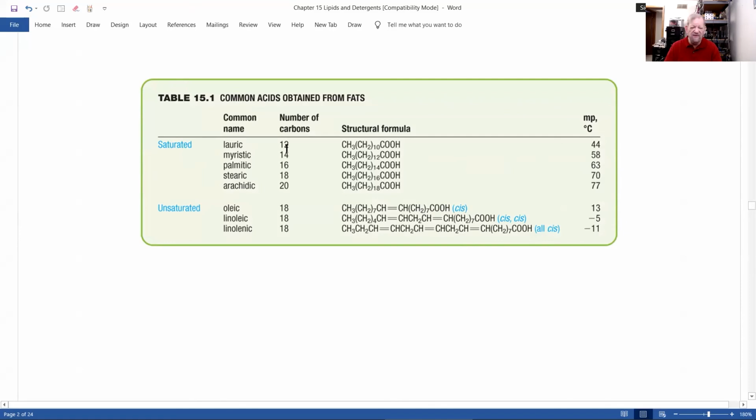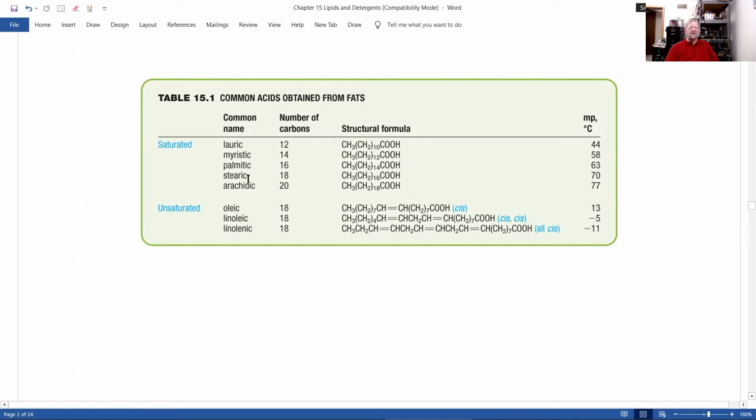But if you have 12 carbons, the carbonyl carbon, remember here, COOH is carbonyl with hydroxyl group. That plus 10 plus 1 is 12. That's called lauric acid. Myristic is 14. That's not that common. Lauric is. Palmitic is common. Stearic is. Next one, I don't even know how to pronounce that. I never worked with that.